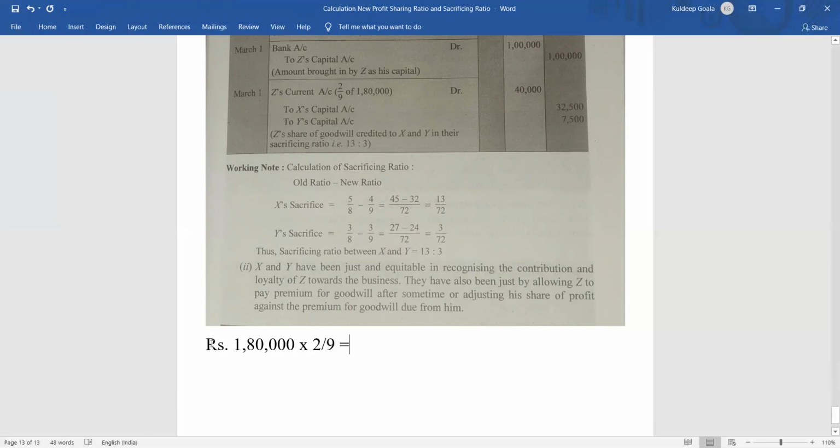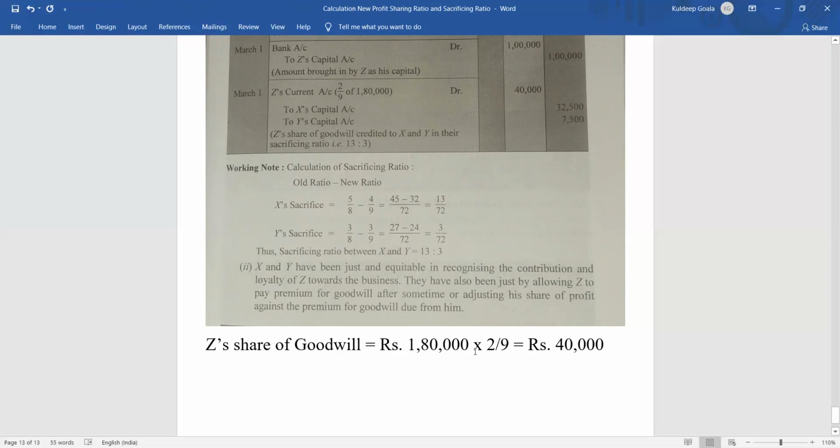This is nothing but Jed's share of goodwill. How much is it going to come? It is going to be rupees 40,000, isn't it? Clear? Rupees 40,000.